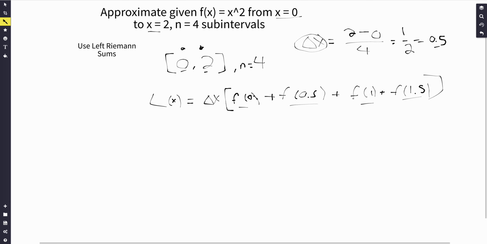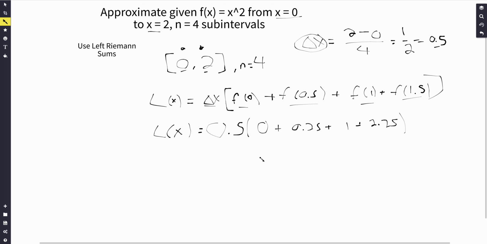So we just now plug in all these values that we have here. So L of x is equal to, we know this is 0.5. I'd done these calculations beforehand just to make it simpler for you guys. So it would be 0 plus 0.25 plus 1 plus 2.25.